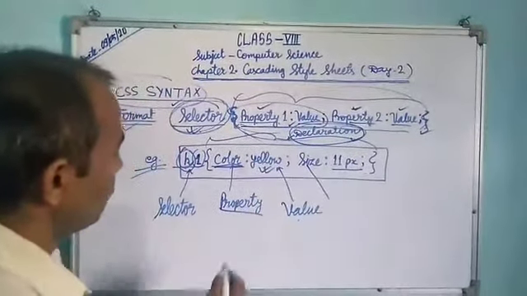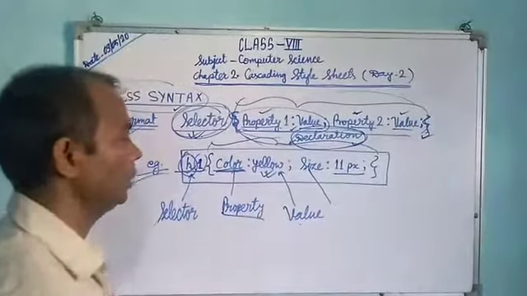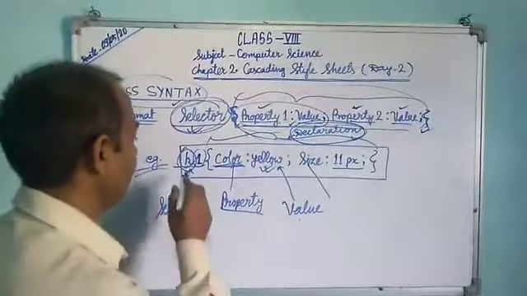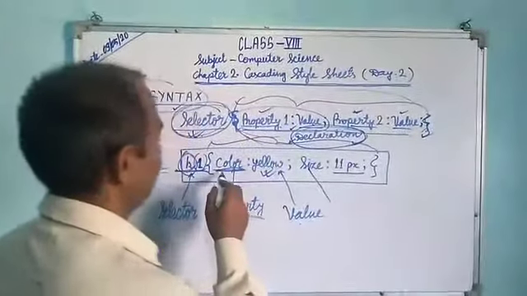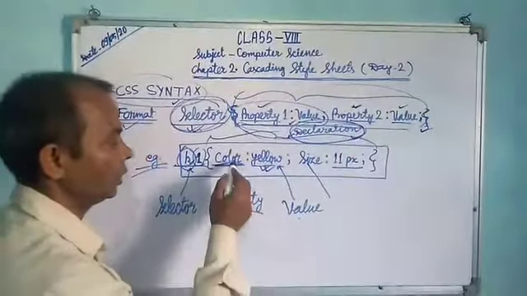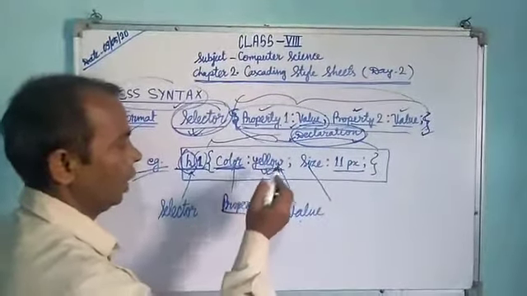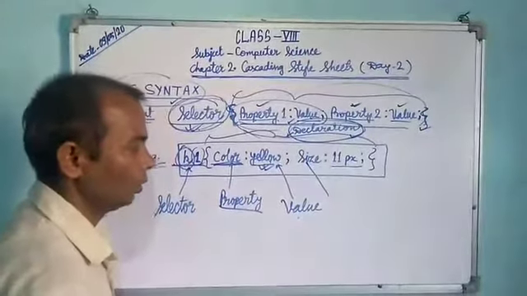See here the color. Color is the first property and its value is yellow. Whenever we are writing the heading, its color should be yellow. So we write the property and then put its value. It is separated by a colon, and after ending we write a semicolon.